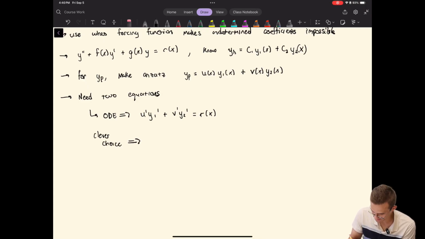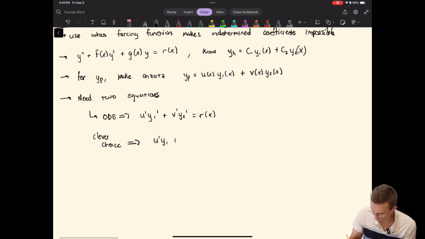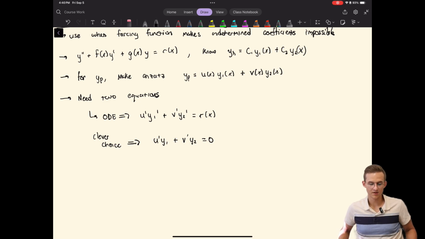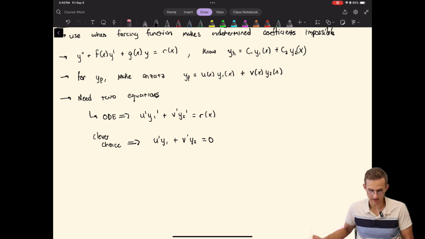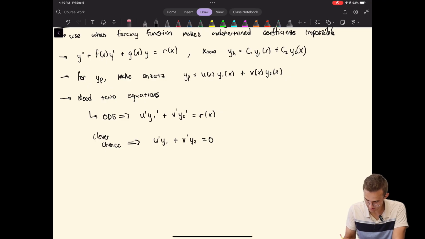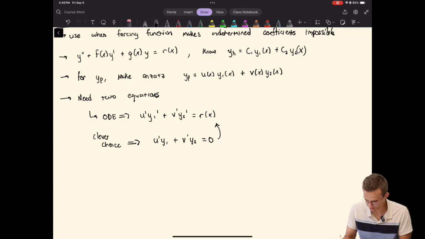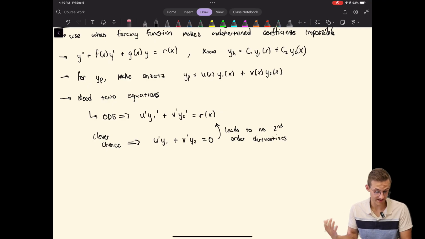The clever choice of equation is u prime y1 plus v prime y2 is equal to 0. Okay, and we make that choice so that when we sub it into the ODE, there are no second order derivatives of u or v. So this choice actually leads to this simple form when we plug it into the ODE. Okay, so that's what makes that choice clever.